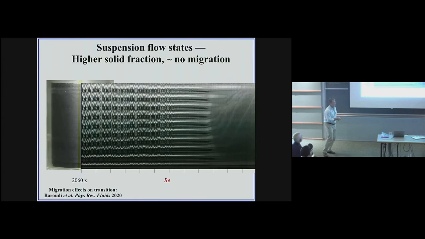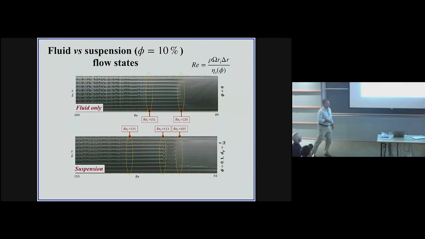So you can read this as either time, or because I know the Reynolds dependence on time, that's just a Reynolds track of the behavior. So what we see here is the wavy Taylor vortices going to the Taylor vortices going to the circular Couette flow. Just saying how you define Reynolds number? Oh, please. Yep. Here's how I define Reynolds number, and importantly, the Reynolds number involves the viscosity of the suspension, not just the suspending fluid.